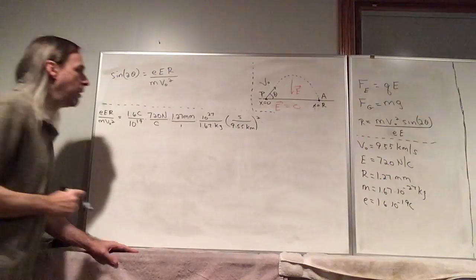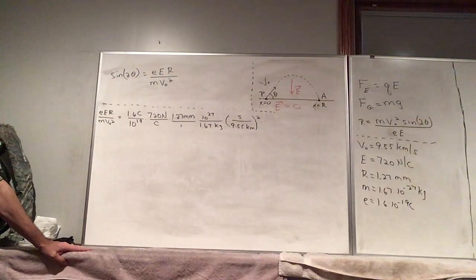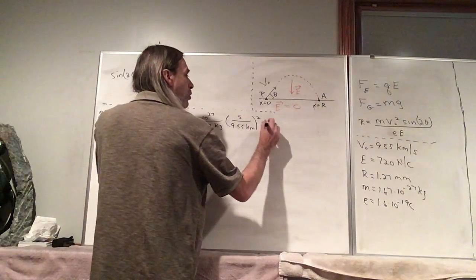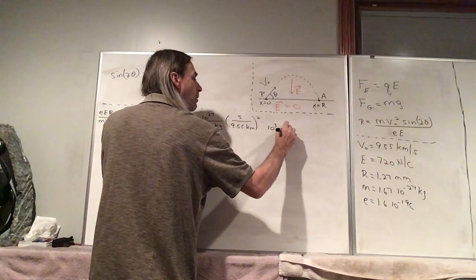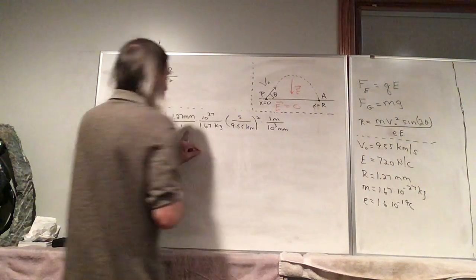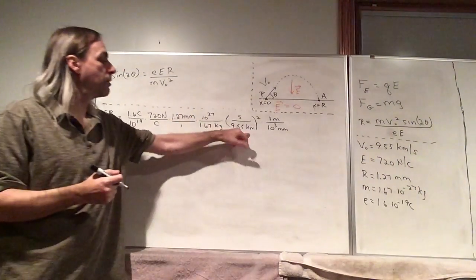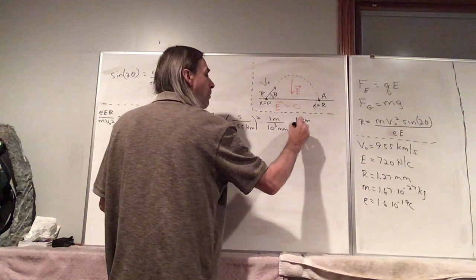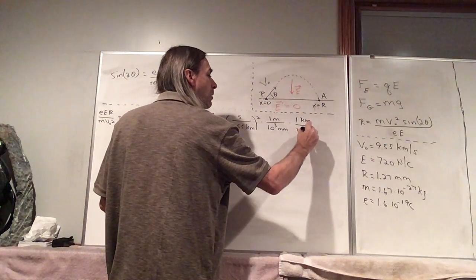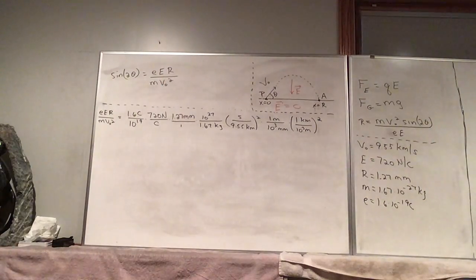So first, let's get rid of the prefixes like the milli and the kilo. So we can say 1,000 millimeters is 1 meter. And the kilometers, we want to get rid of that. We can say 1 kilometer is 1,000 meters, and we square that conversion factor. So now let's look at the units and see what we have.